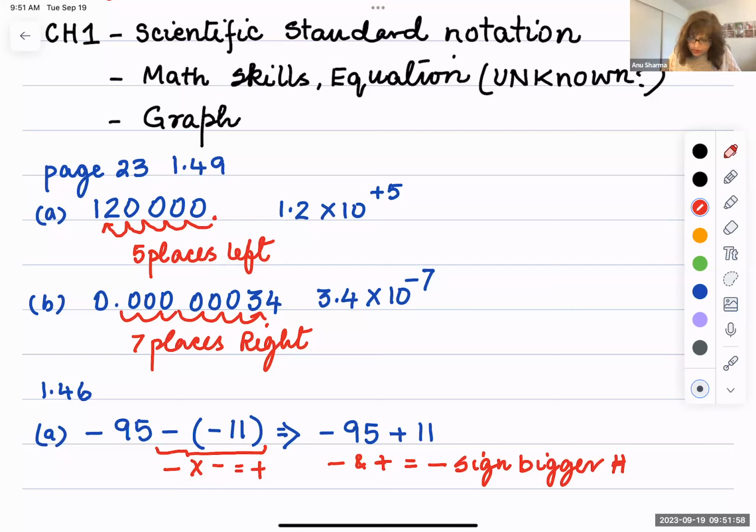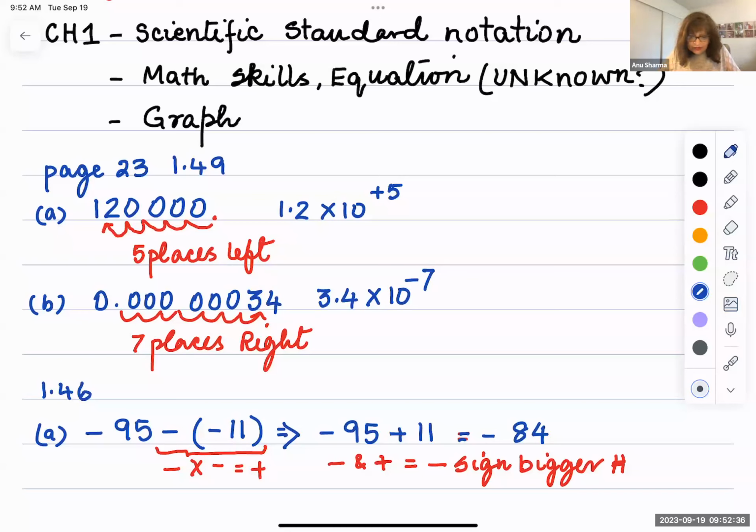What do you get here? 95 minus 11 is equal to negative 84. Negative 84. Somebody wrote negative 85, but that must have been a typo. Yeah, Eddie, thank you.